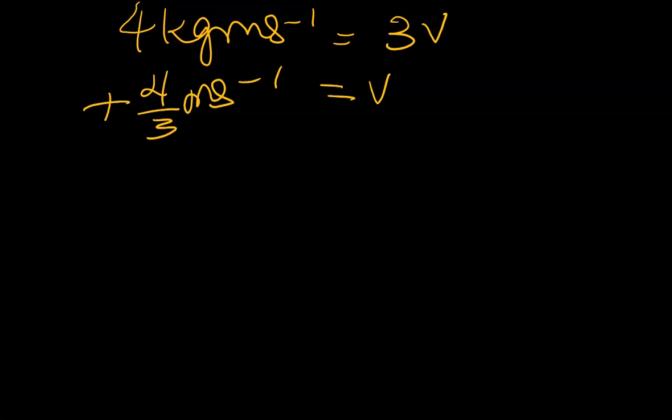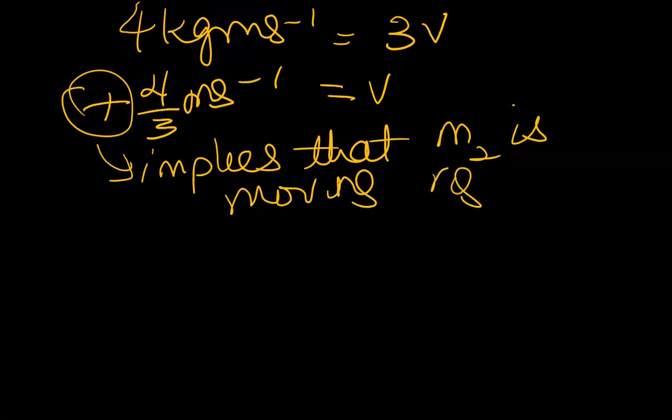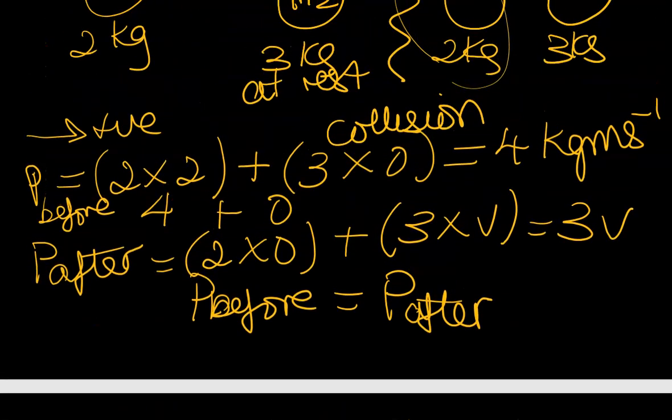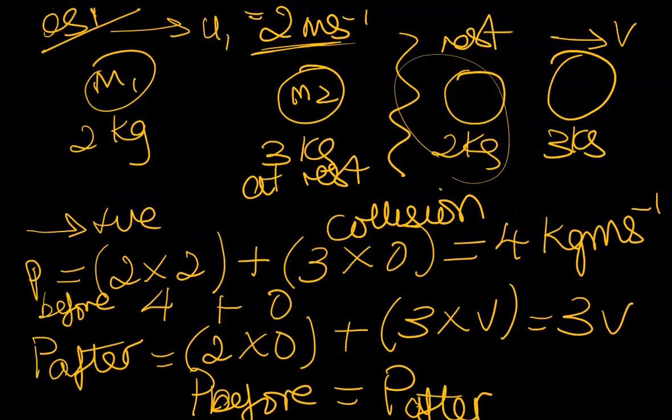Now, because this convention is positive, that's important because it implies that the second mass, m2, is moving to the right. If I had solved it and I had gotten a negative answer, right? Again, I had assumed here that the body was moving to the right. But if it did not, based on the values in the question, then I would have gotten a negative answer.